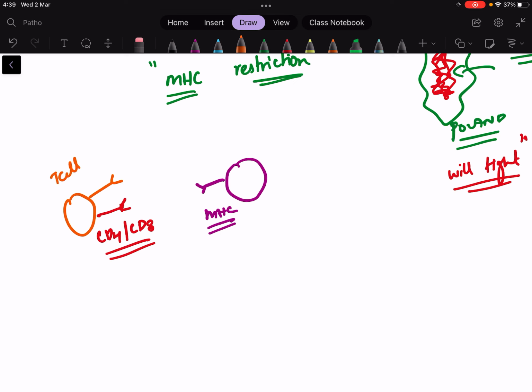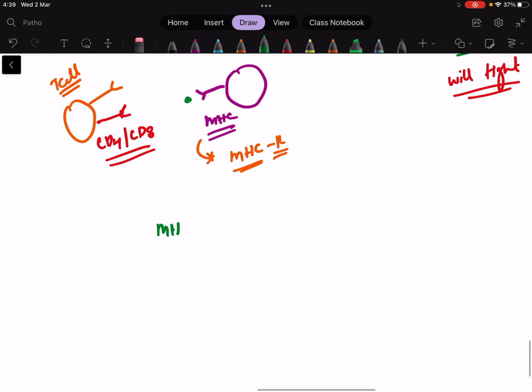Only special types of cells can contact the T cells, and those are the cells which have MHC receptors present on them. MHC receptors are like hands, and these hands have an antigen present on their surface, and these hands will react only with T cells, and this is called your MHC restriction.